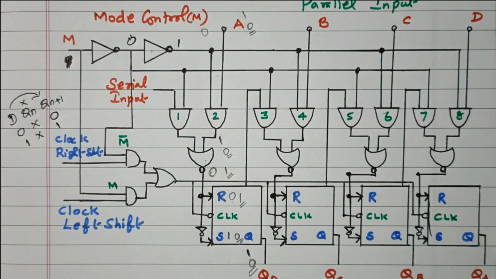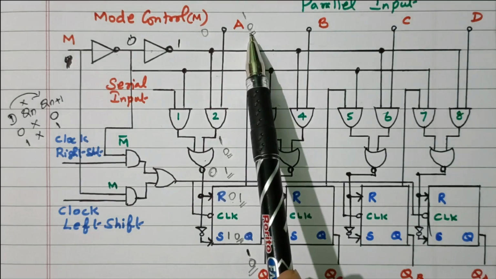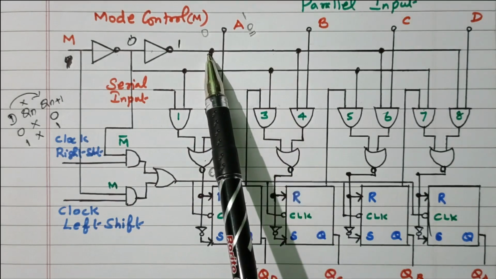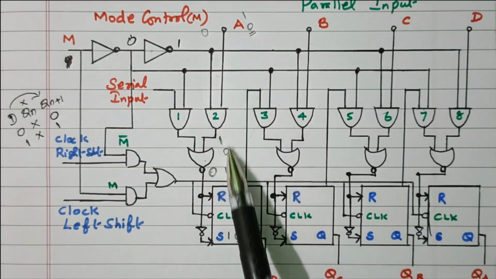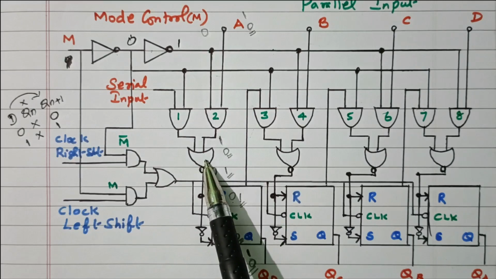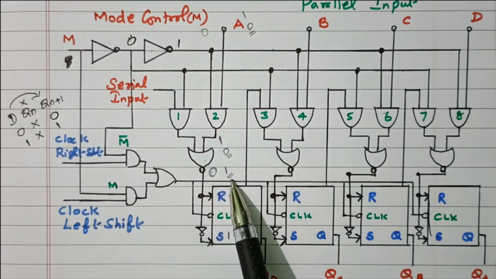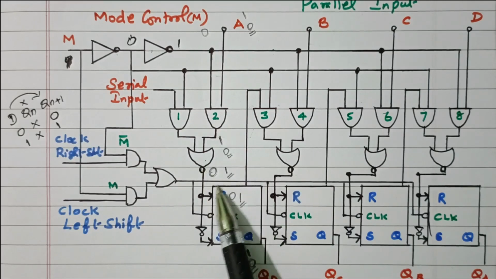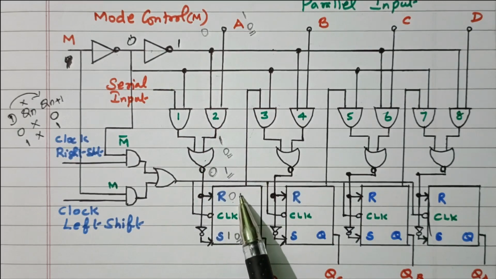So A equal to 1 means the same 1 will be available at the output of the flip-flop, right? Suppose A equal to 0. What happened? This line is 1 but A equal to 0. So we'll get 0 as the output because of the AND gate. 1 into 0 is 0. If 0 is applied to the NOR gate, what will we get? We'll get 1 as the output. This 1 is applied to R. One input of the SR flip-flop, R, is 1.